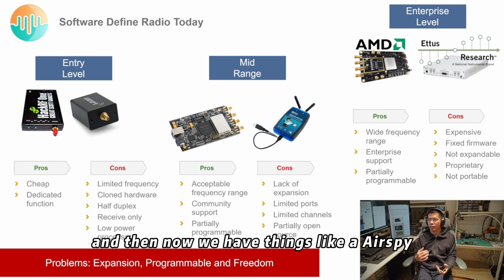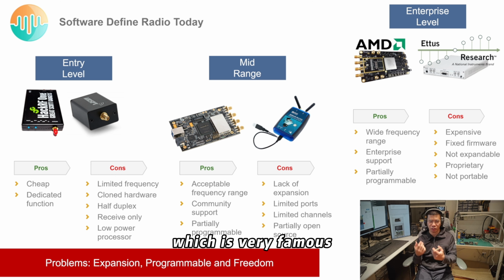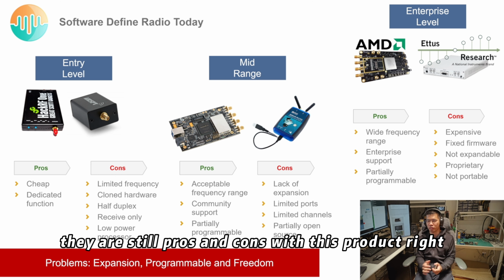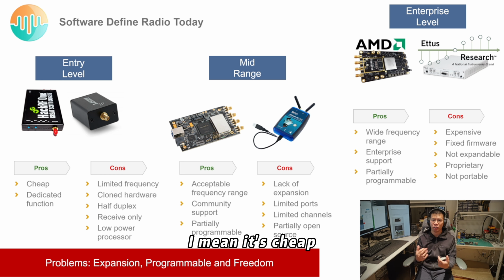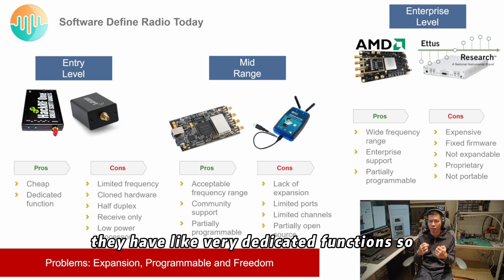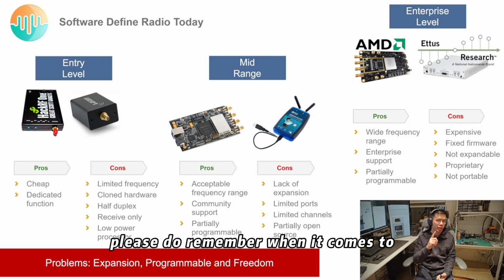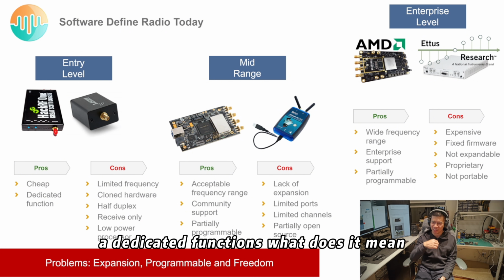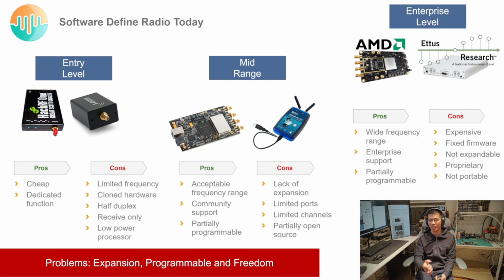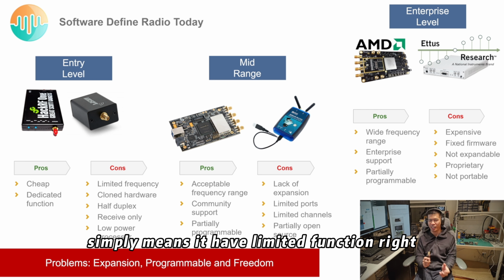And then we have things like AirSpy, which is very famous and easy to get, but there are still pros and cons with these products. They're cheap and they have very dedicated functions. But please do remember, when it comes to dedicated functions, it simply means they have limited functions.